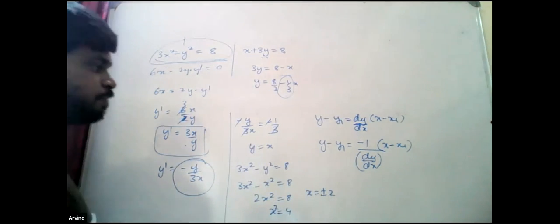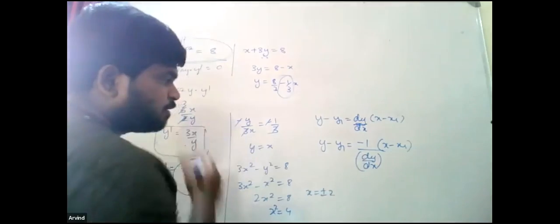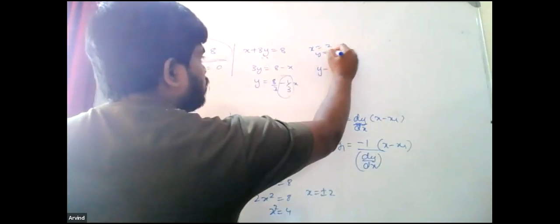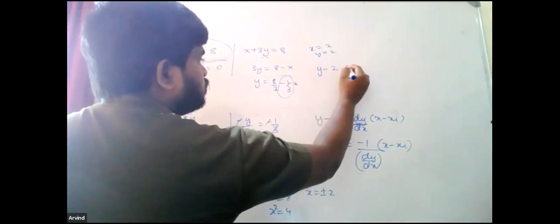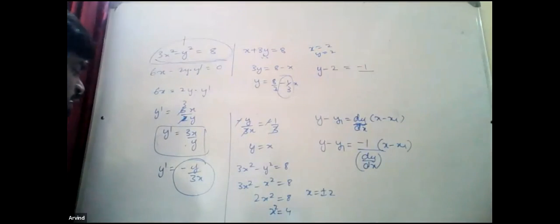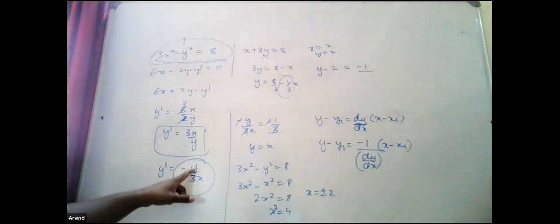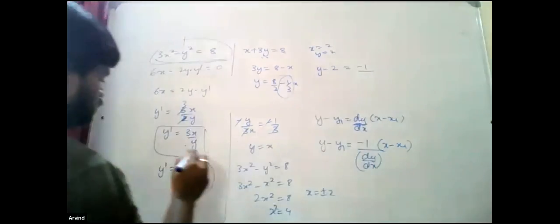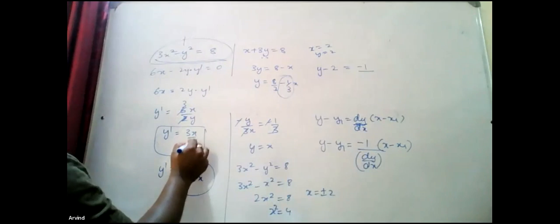Okay. Therefore, the equation will become y minus 2, taking x is 2, y is 2, equals minus 1 by dy by dx. So x and y are the same, so that gets cancelled.